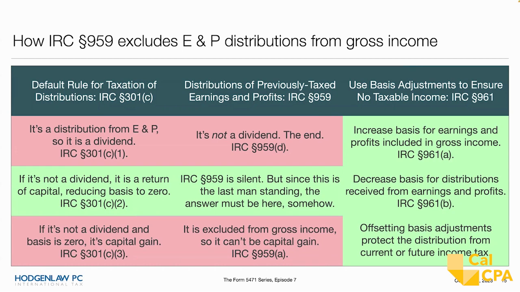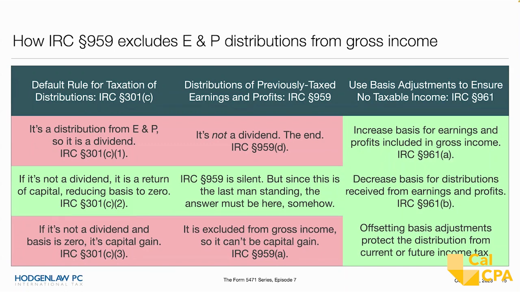And so we can say 301(c)(3) does not apply, which means the last man standing is this middle one, 301(c)(2), which is the only plausible way that we can understand how the tax system wants you to get cash out of a CFC, put it into the shareholder's pocket, and have it be a non-event for tax purposes.